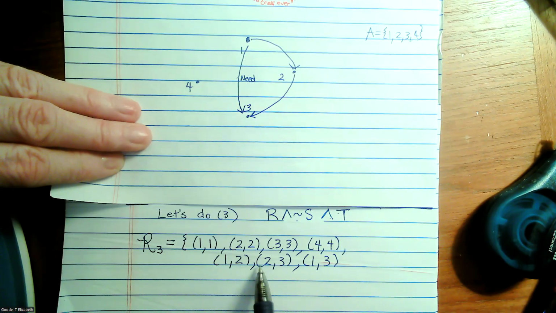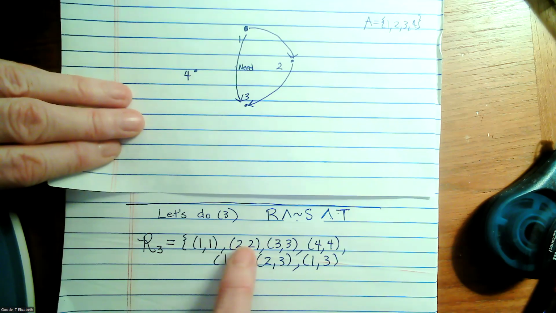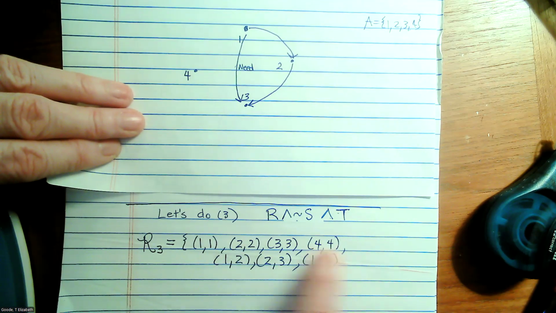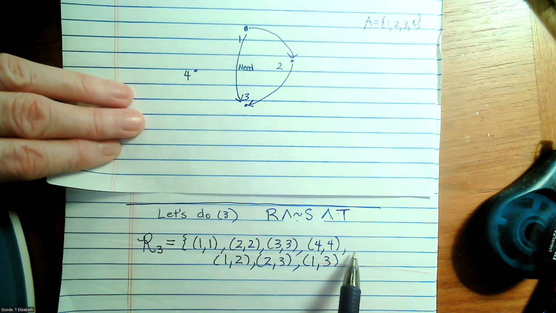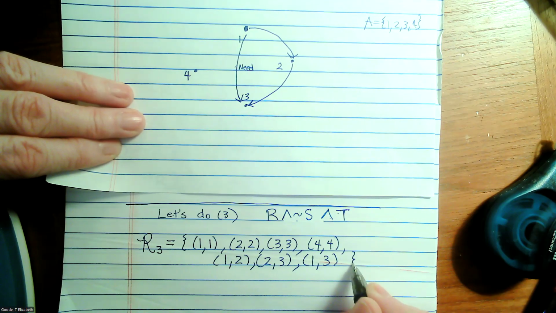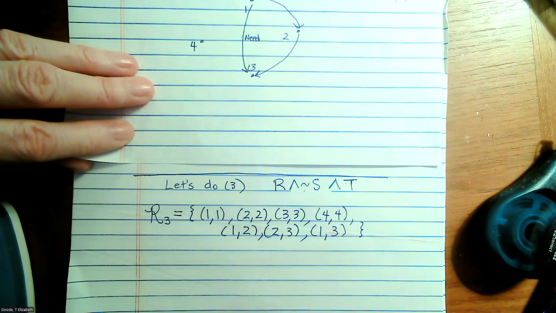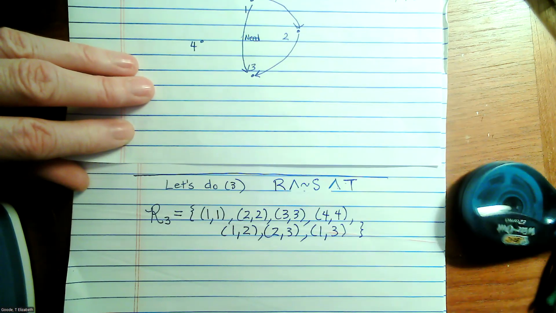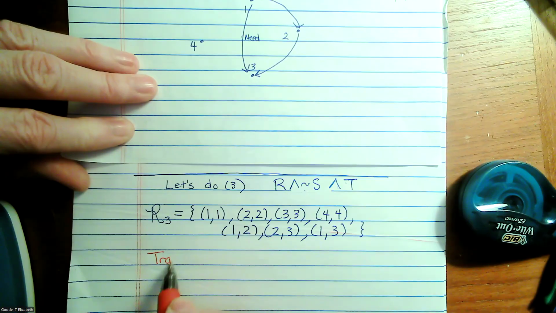So it's transitive. These reflexive elements never make transitivity go bad, and they never make symmetry go bad either. So it is transitive, but it's not symmetric.